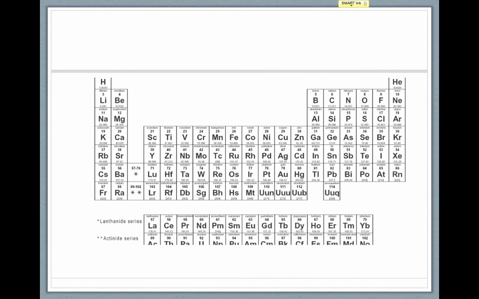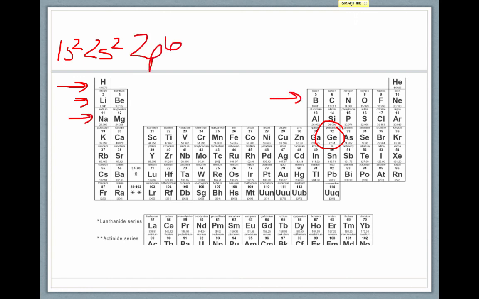Let's try another larger element. Let's go with germanium, element number 32. Here, we know that the 1s sublevel is completely full. We know that the 2s sublevel is completely full. We know that the 2p sublevel is completely full, and the 3s level is completely full. We know that the 3p level is completely full.